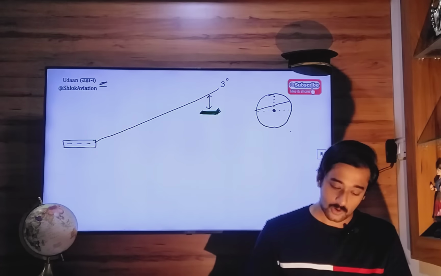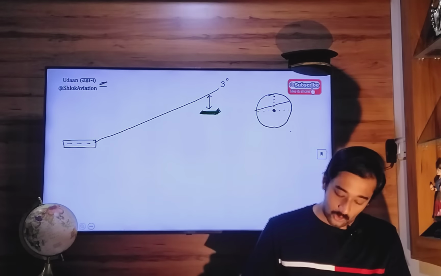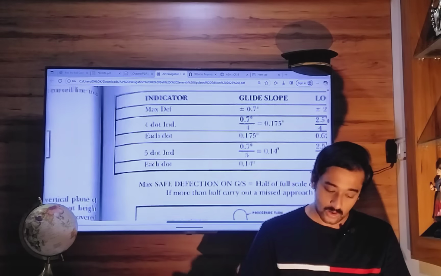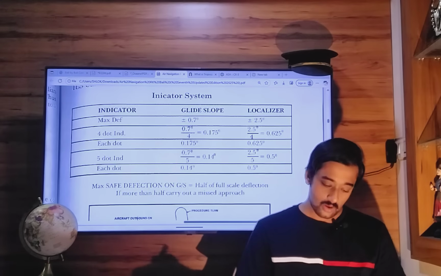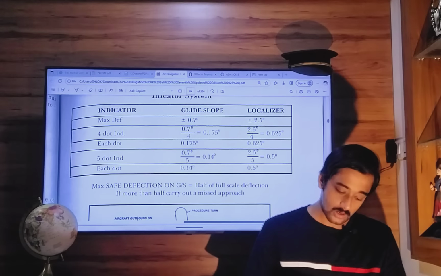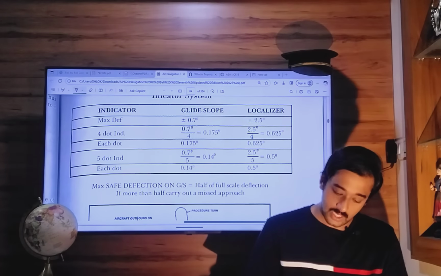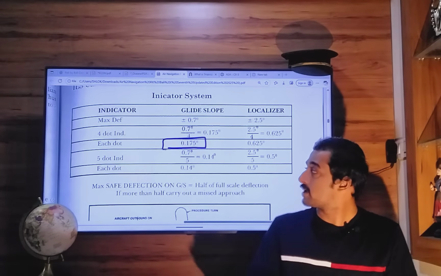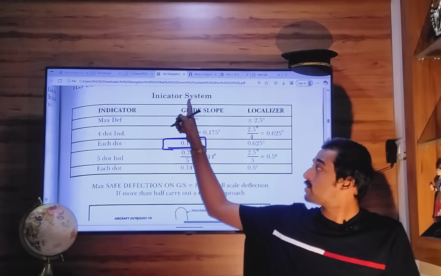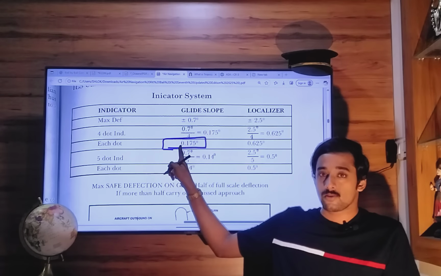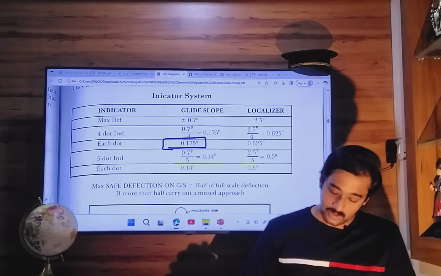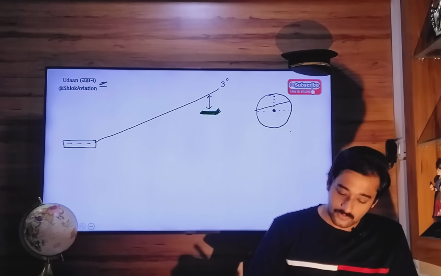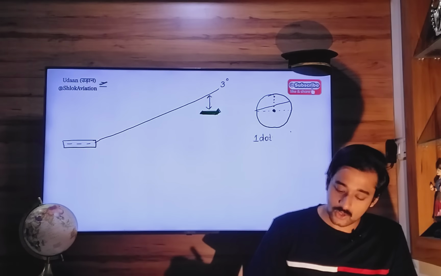Okay. So now on a four dot indicator, glide slope, one dot will be equal to 0.175 degrees. One dot equals 0.175 degree.